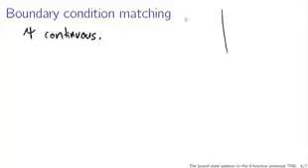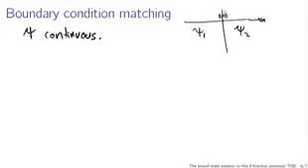Our boundary conditions, and we had two of them, were first of all that psi was continuous, and second that the first derivative of psi was continuous unless the potential went to infinity. Let's consider the first of those boundary conditions here. Psi continuous. In order to have psi continuous, what this means is that in our regions here we have psi 1 on the left and psi 2 on the right of x equals 0.